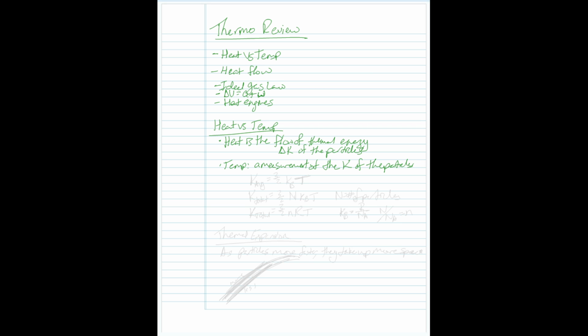the particles. We could talk about the average kinetic energy of the particles as being equal to 3/2 Boltzmann's constant times the temperature in Kelvin. But if we're talking about a net amount of particles, a total amount of particles, we could look at the total kinetic energy by taking that amount we just calculated and multiplying it by the number of particles present.